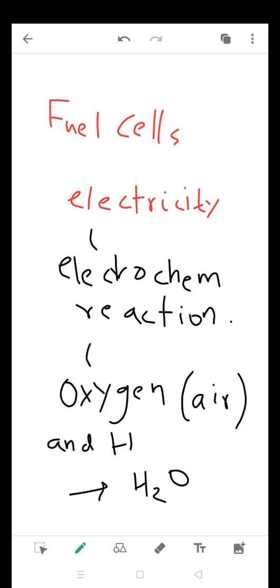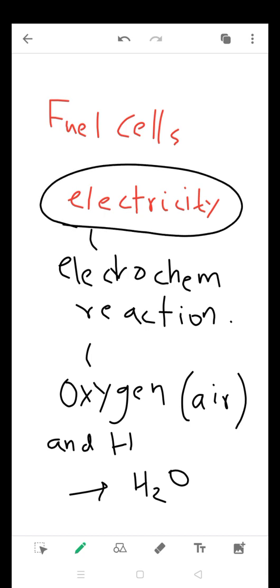So this is the basic reaction of a fuel cell: oxygen and hydrogen combining to form water, and the electrons produced contribute to the electricity occurring in fuel cells. There are different types of fuel cells, but the basic reaction remains the same.